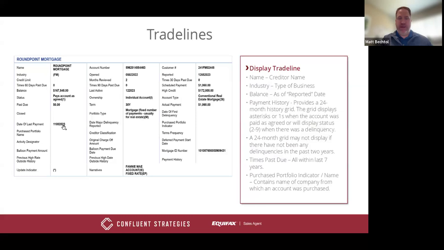When was the date of the last payment? You'll notice all of these fields are there, far more descriptive than they would have been in years past, to give you an idea of just details on that mortgage loan. When was the mortgage loan opened? And then you'll notice on mortgages in particular, there's a lot of fields that may not be relevant to that specific mortgage type.